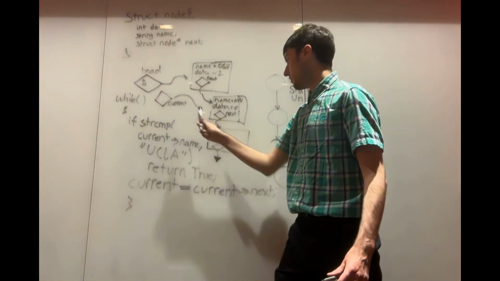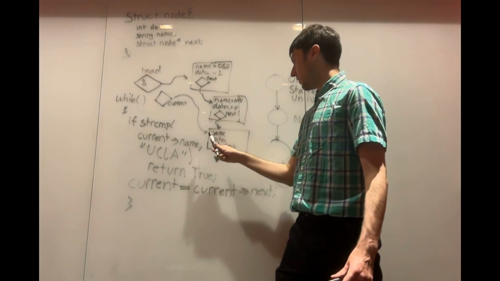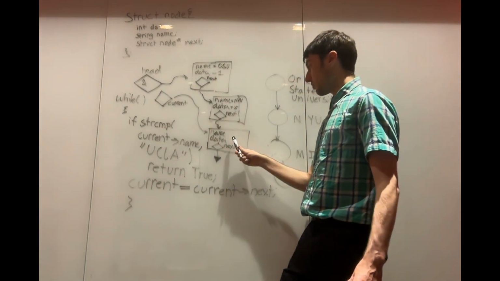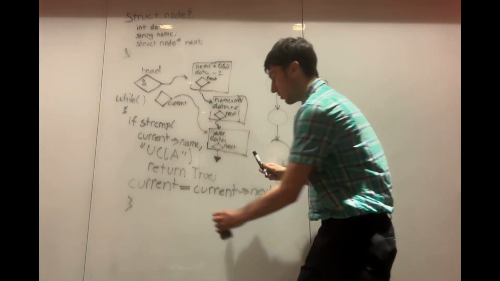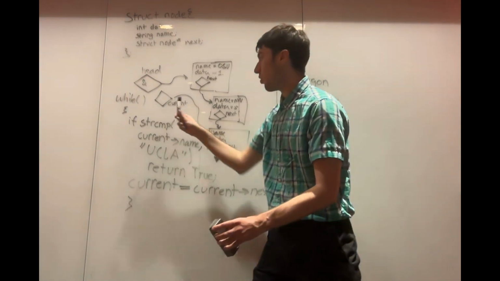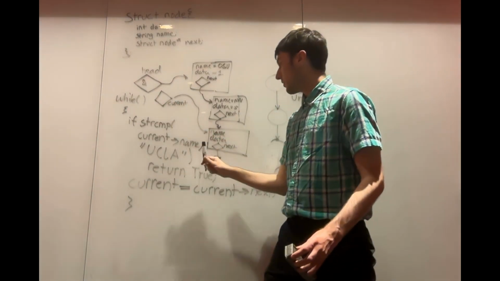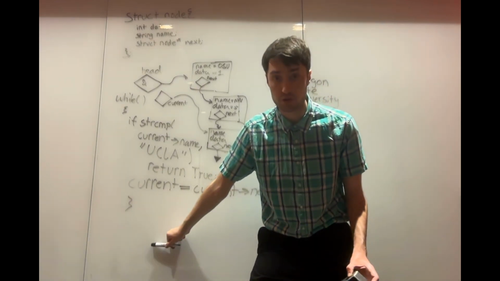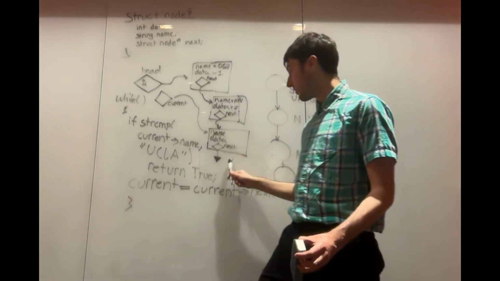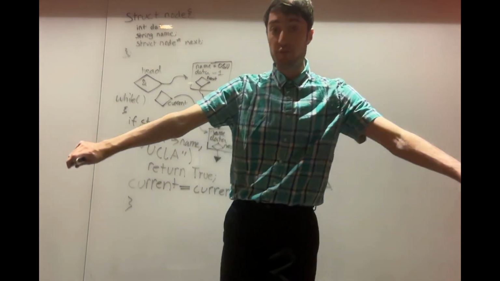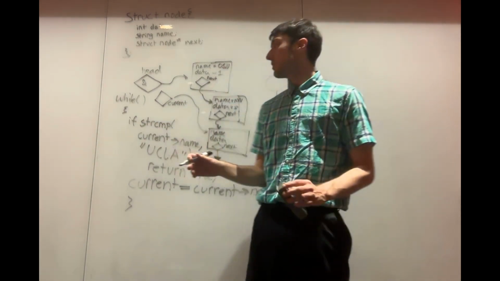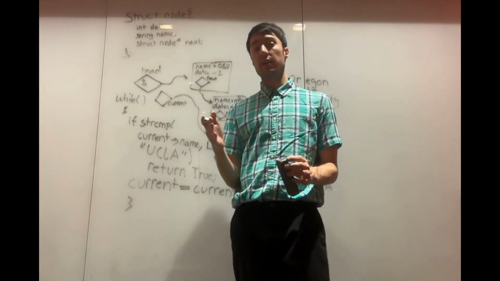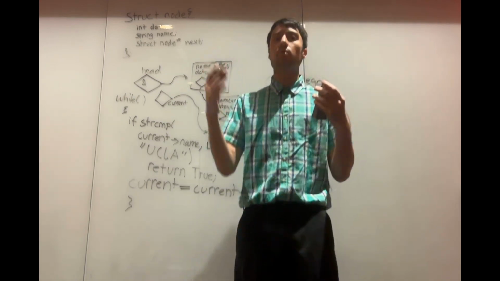Go to current, next, null. Now current is null. It comes up here, says current is null, does not run this if statement, and now you can return false, because we've hit the end of the list. Does that make sense? Return false. So that's how you create a linked list, and that is how you traverse through the linked list.